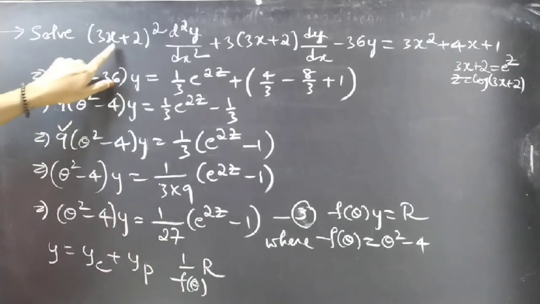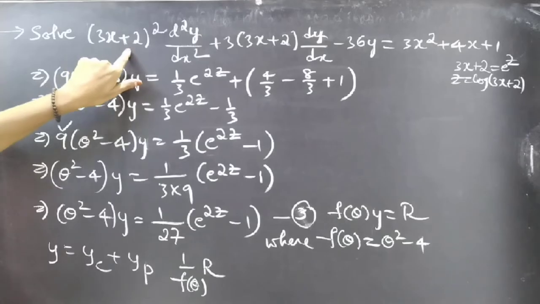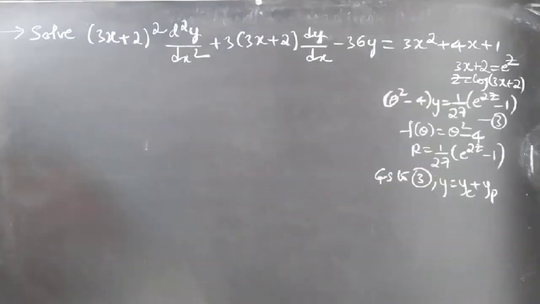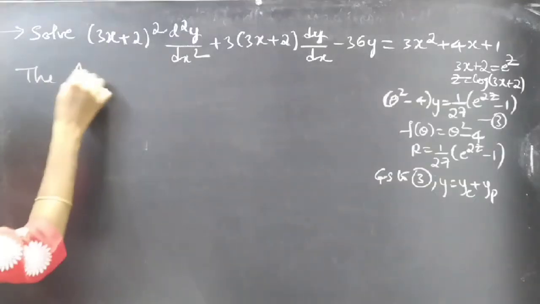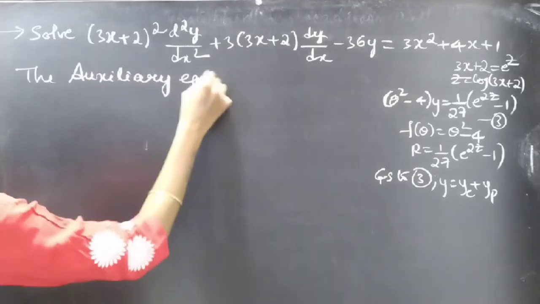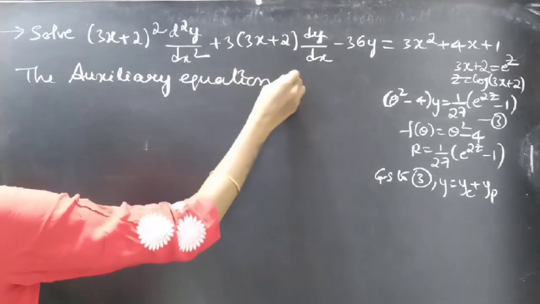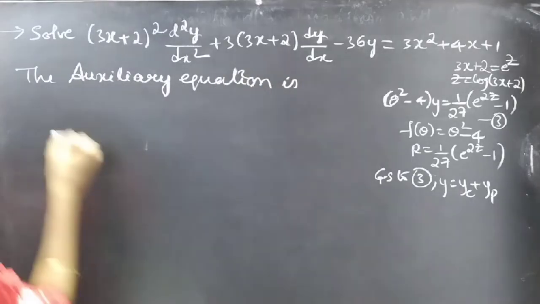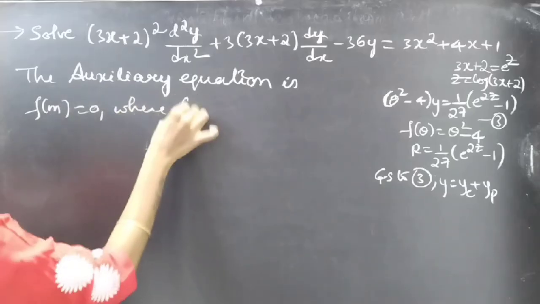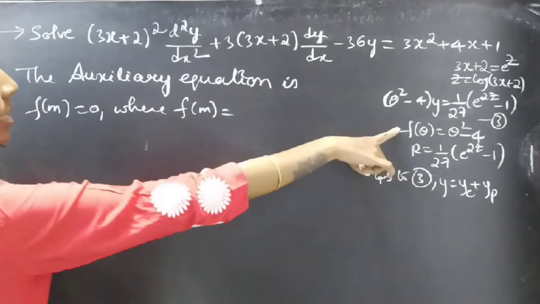See, we have reduced the Legendre's equation, that is the given differential equation, to an equation with constant coefficients, right? Fine. Now coming to the auxiliary equation. The auxiliary equation is f of m equal to 0, where f of theta is theta square minus 4.